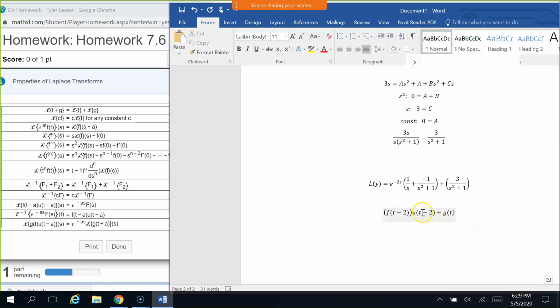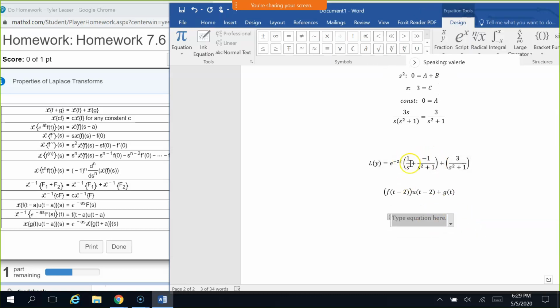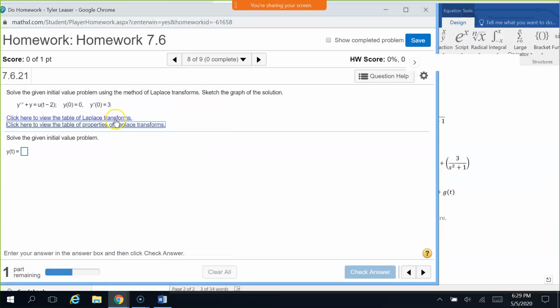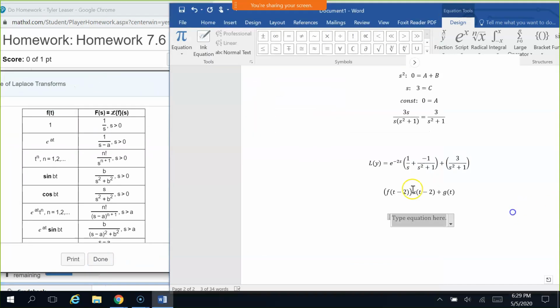All right, so does that make sense? Why we have to do it like that? That makes sense, yes. Okay, so now just to do it, going back to the other table, we already said that the inverse Laplace of 1 over s is just 1. After pulling this negative 1 out here, this was sine of just t. But we have to be careful, because we can't just plug in a t there.